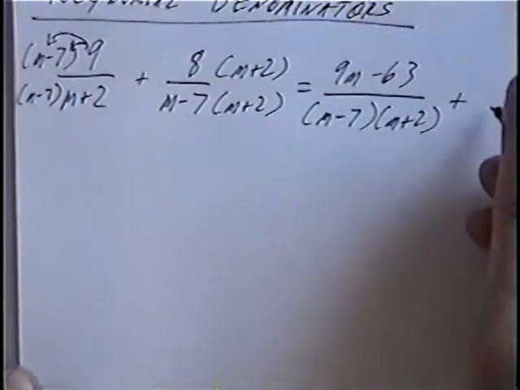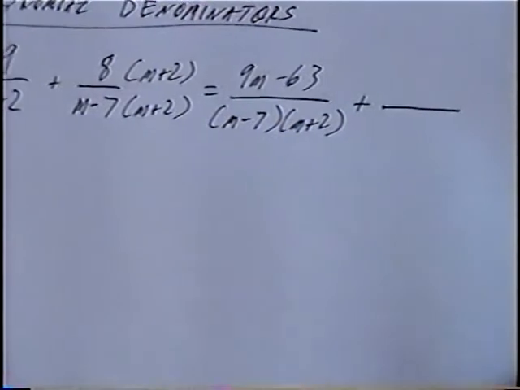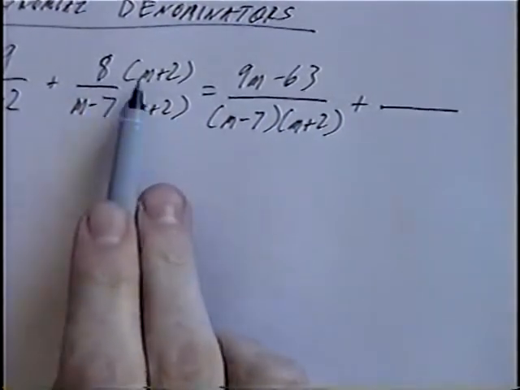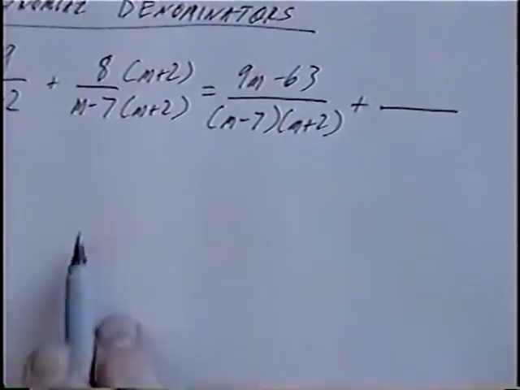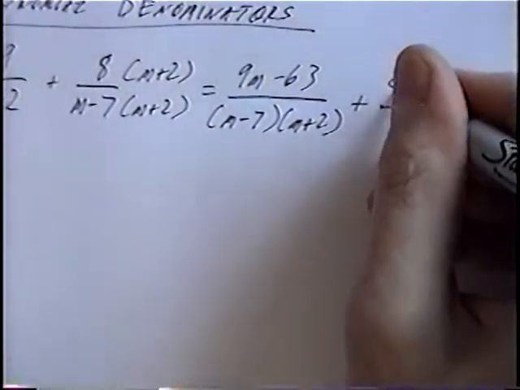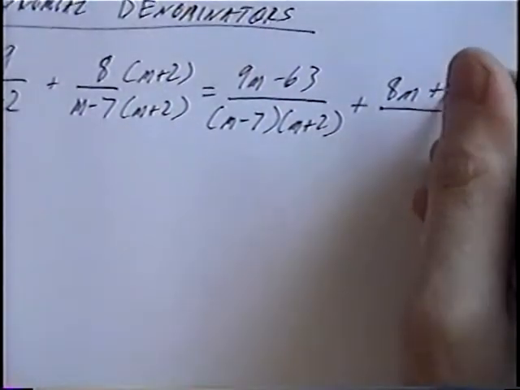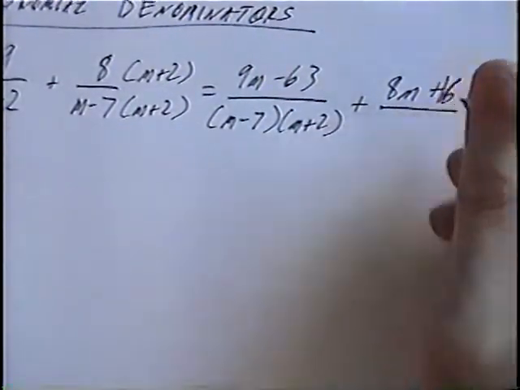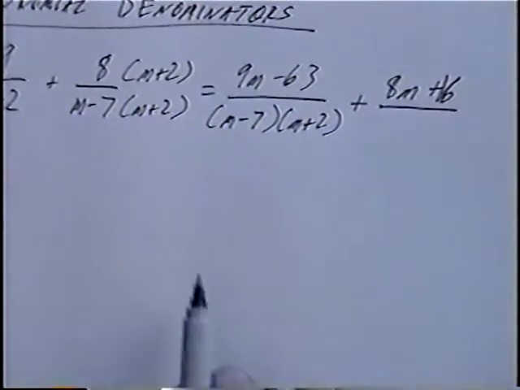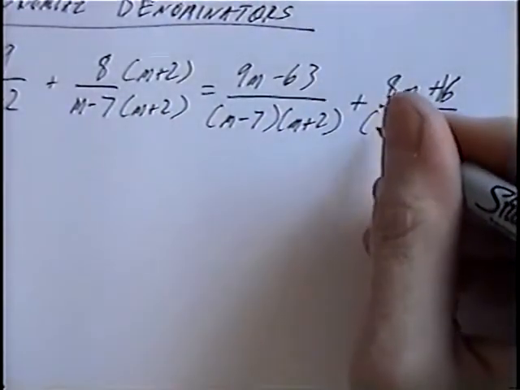If we add to it the second fraction, again we're multiplying by 8, so this will be distributive property. 8 times m and 8 times 2. 8 times m would be 8m. 8 times 2 would be 16. The denominator also again would stay the same, m minus 7 and m plus 2.